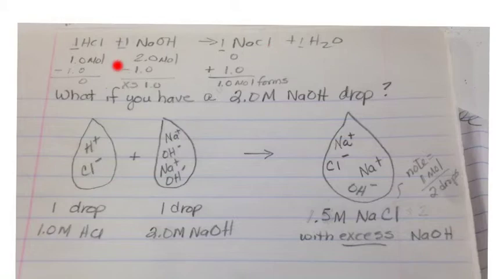And the issue here is, this is an excess reactant, because you actually have 2 molecules of NaOH here, and only 1 is going to get reacted with the acid.